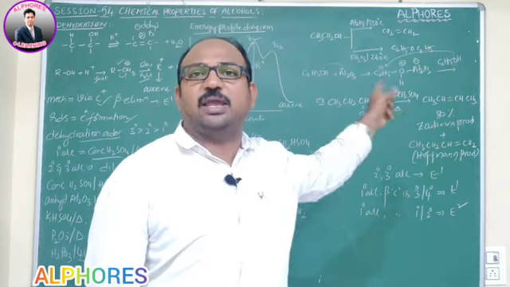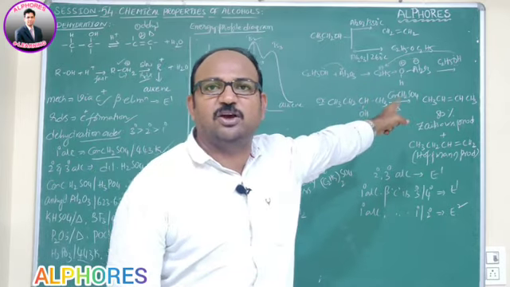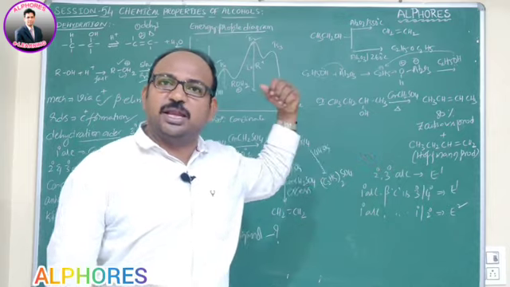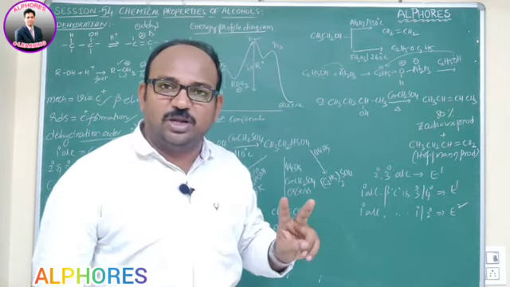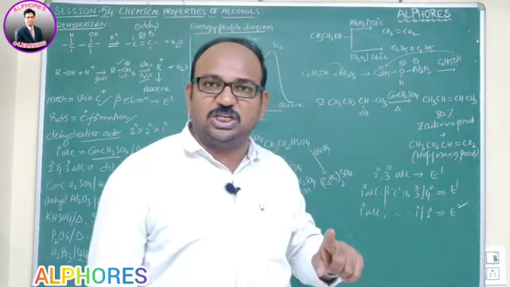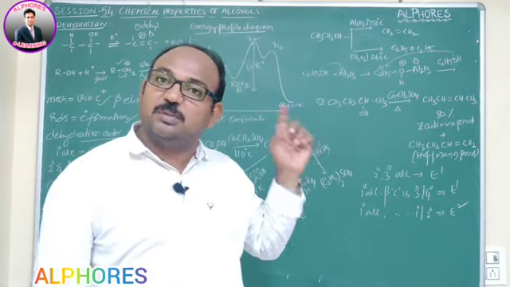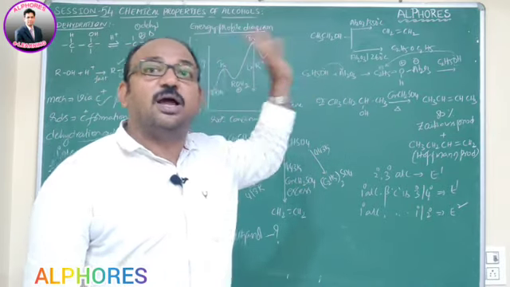When we are using anhydrous Al2O3, you have to remember one point here: there is no formation of carbocation in this mechanism. The reaction proceeds in such a manner. Here are two possibilities, as I mentioned: one is substitution, another one is elimination. Substitution takes place at low temperature and elimination takes place at high temperature.